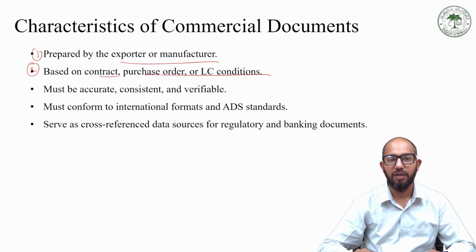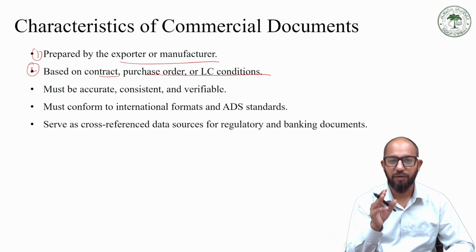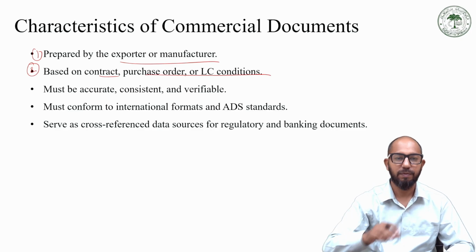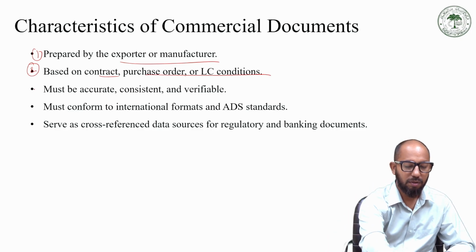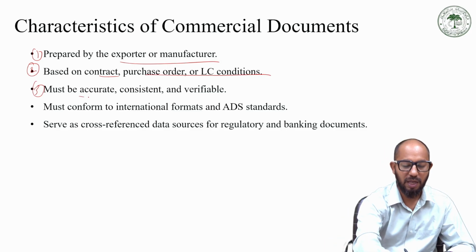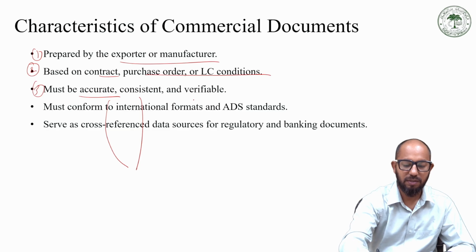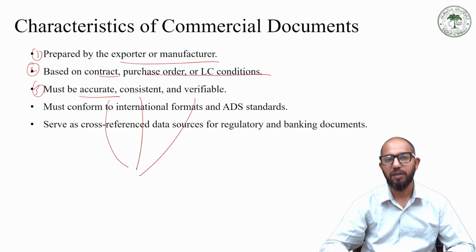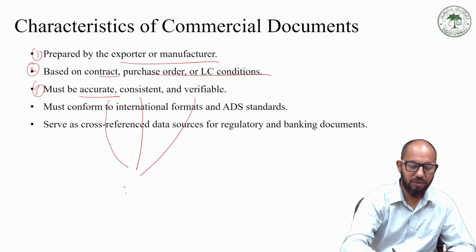Thus, whatever commercial document is being formulated, it should reflect what has been decided in the letter of credit or export contract. The third characteristic is related to accuracy, consistency, and verification. All these three parameters, accuracy, consistency, and verification, deal with trust in the trade system.